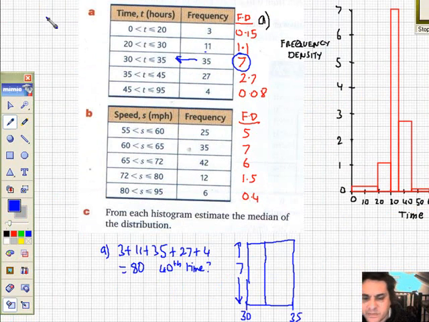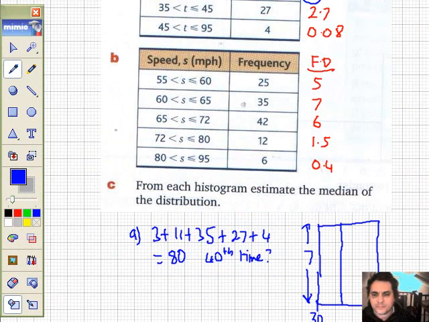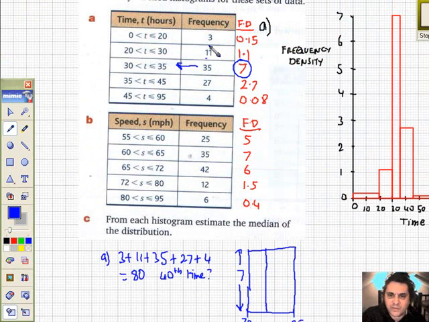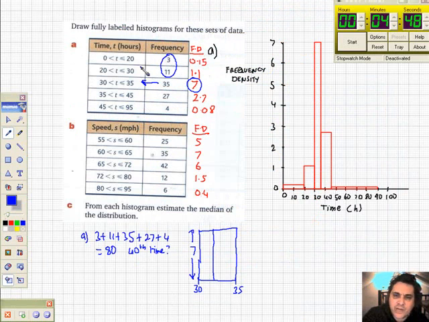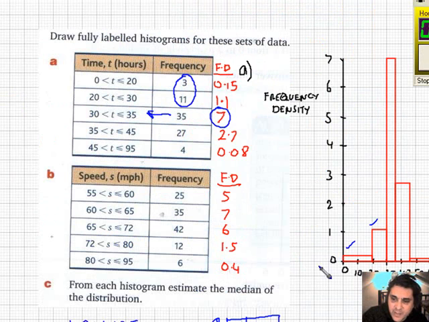Now, to find the 40th time, I know so far I've got 3 plus 11 plus 35. That takes me up to 49. To find the 40th person, these 14 are taken care of already in the previous two bars, that one and that one.